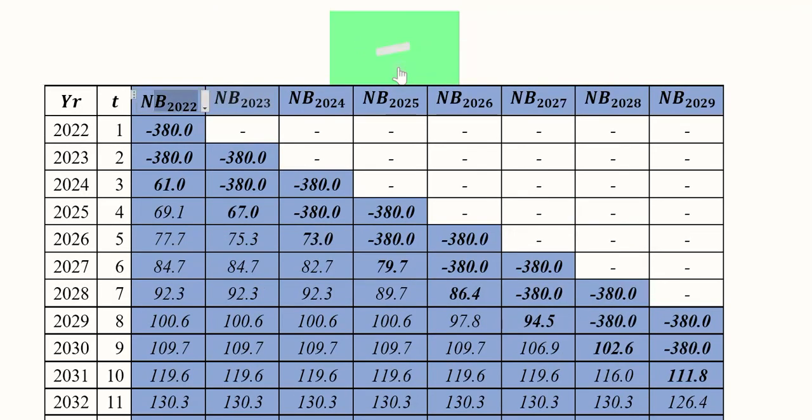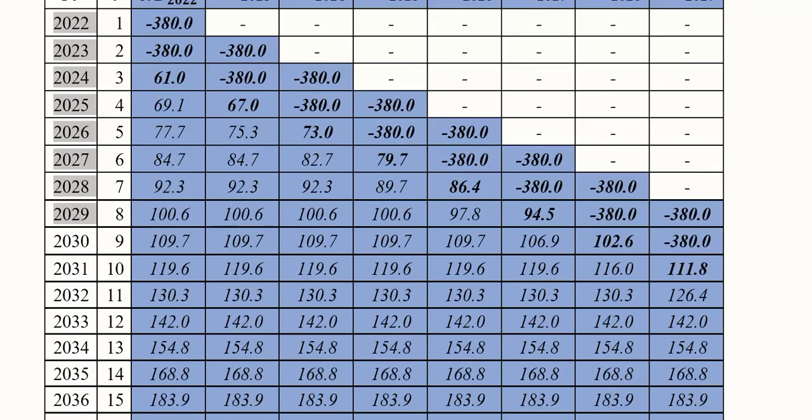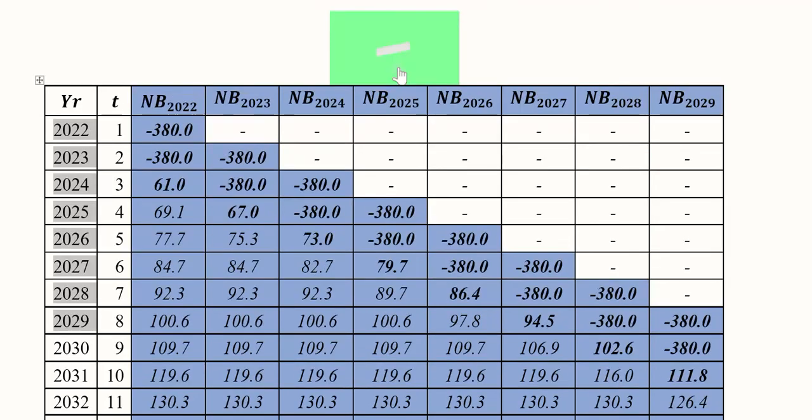That is, we can start it from 2022, or the next year, that is 2023, or the following year, that is 2024, and so on up to 2029. So we did the experiment till 2029. We can do this for the remaining years as well, but for the sake of simplicity and brevity, we have chosen only these years.